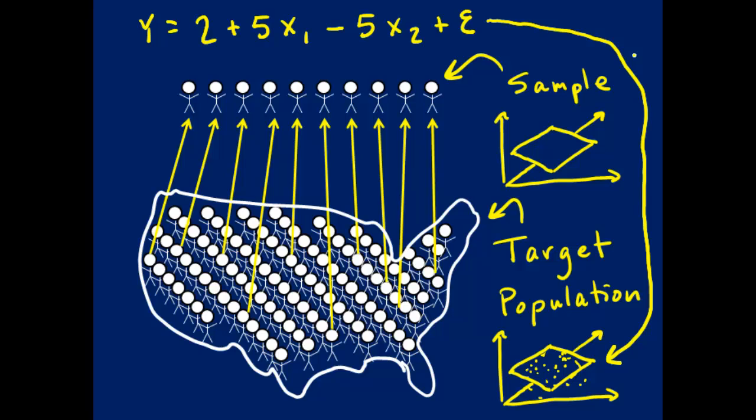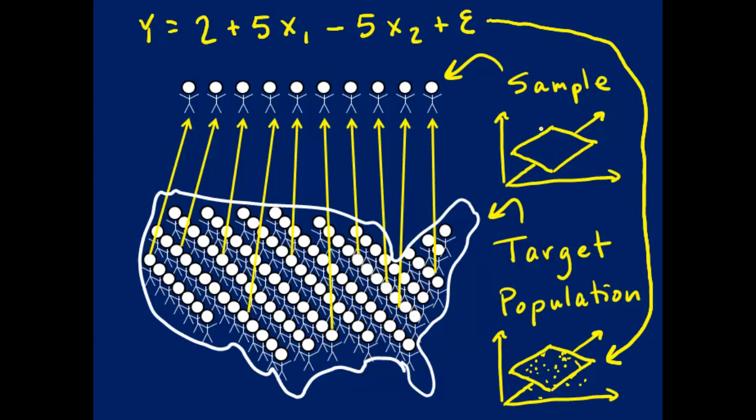And then what I'm going to do after that is take random samples of the individuals in this target population and then use the actual method that we use for a continuous outcome, which is least squares estimation.